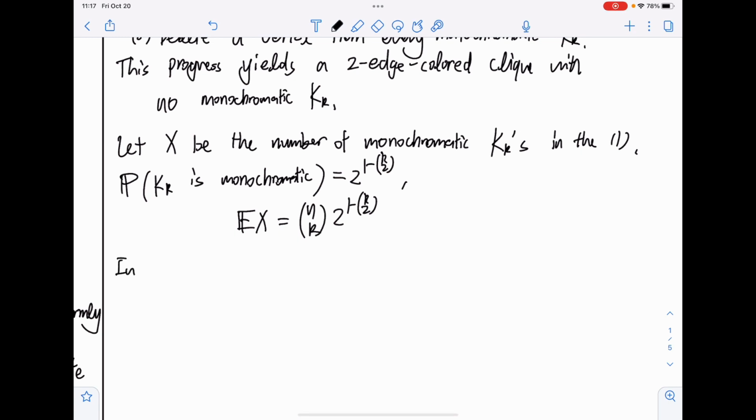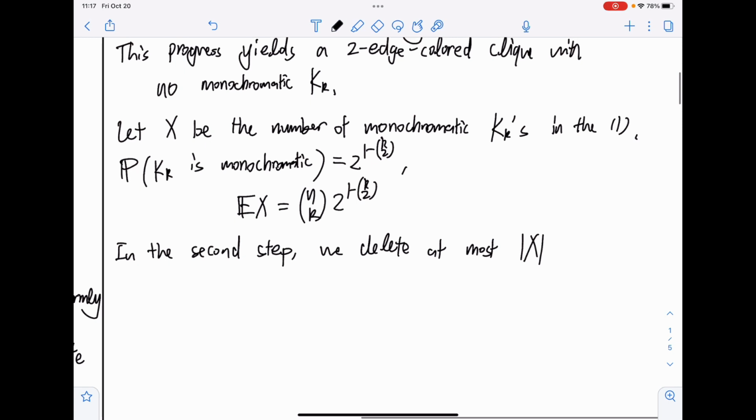And in the second step, we delete at most X vertices, since you can see that we delete one vertex from each clique.